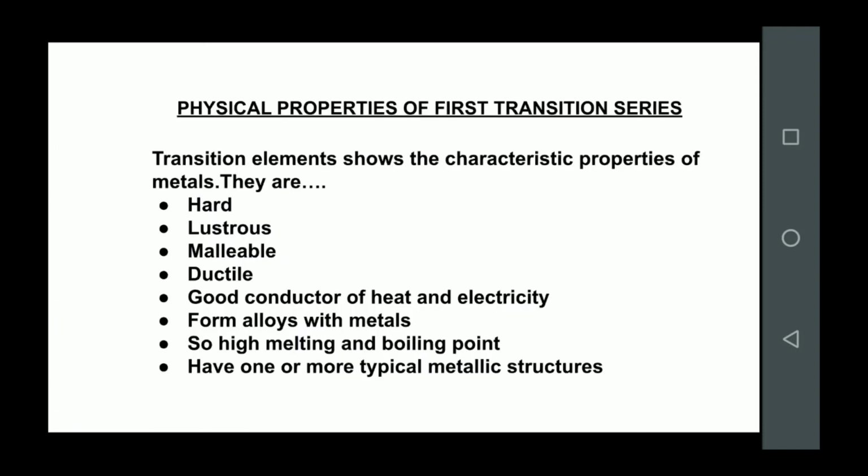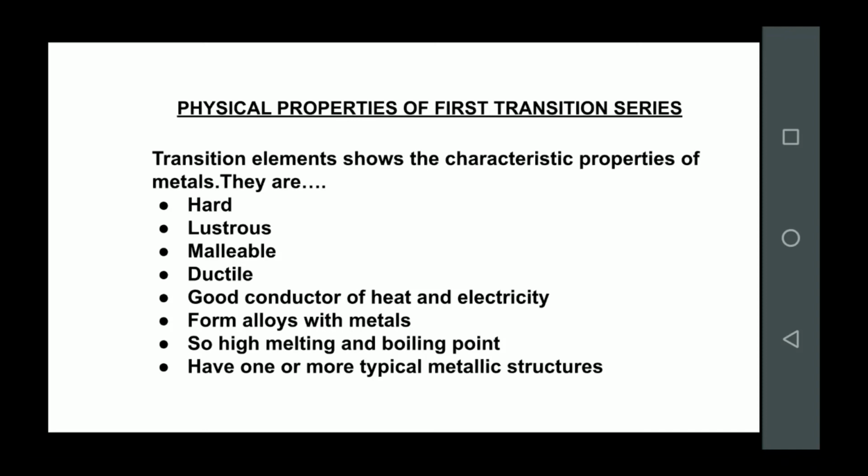Now let's move forward to the next topic, which is physical properties of the first transition series. Look, transition elements show all the characteristics of the metals. We know what the general characteristics shown by all the metals are. All metals we find are generally hard. They are lustrous, malleable, ductile, good conductors of heat and electricity.